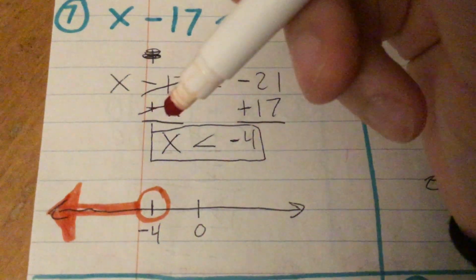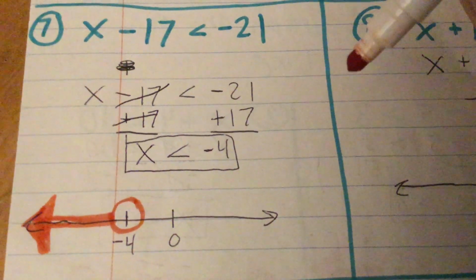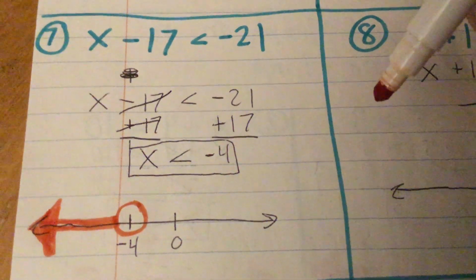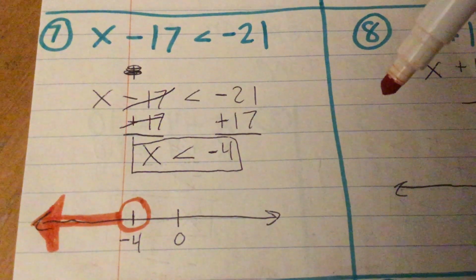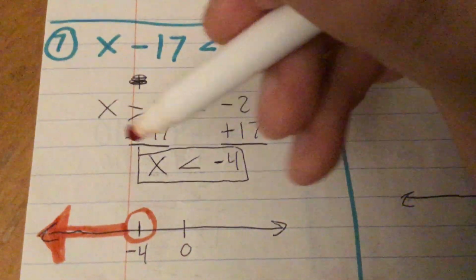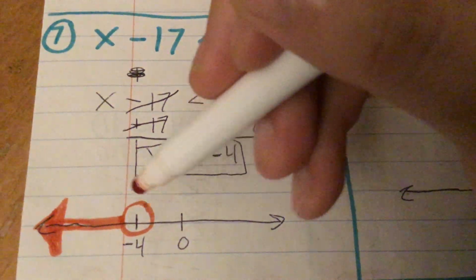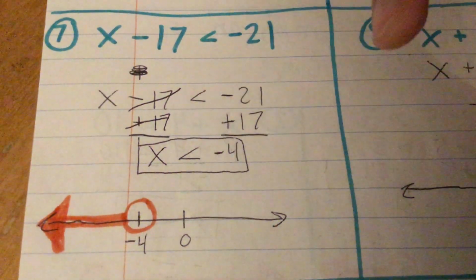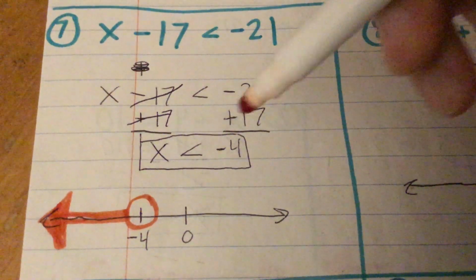So I'm going to shade to the left and put a big fat arrow. Is -4 itself invited to my birthday party? No. So x is less than -4 has an open circle at x equals -4. It's not allowed. All right?